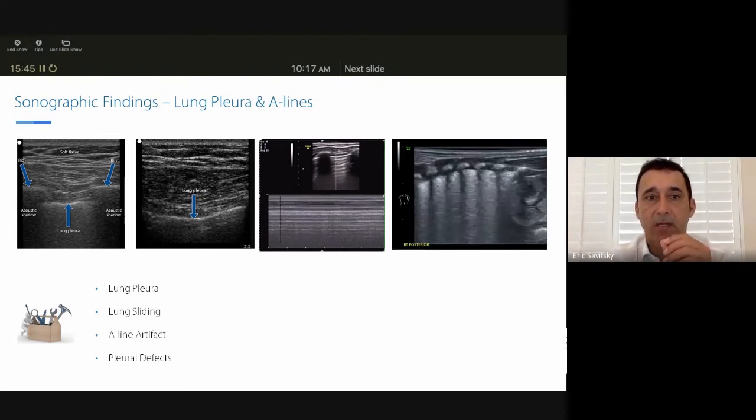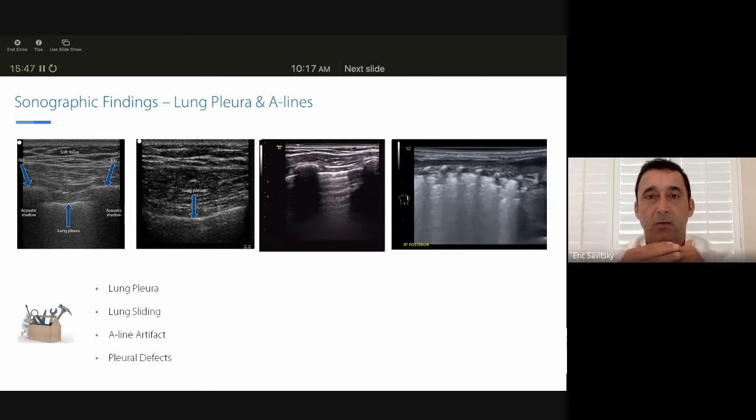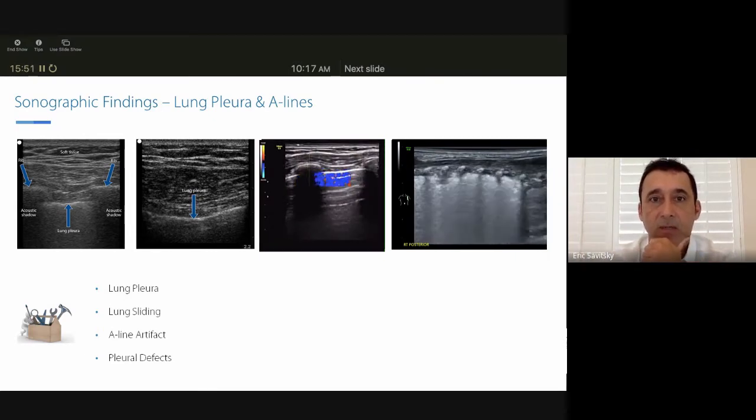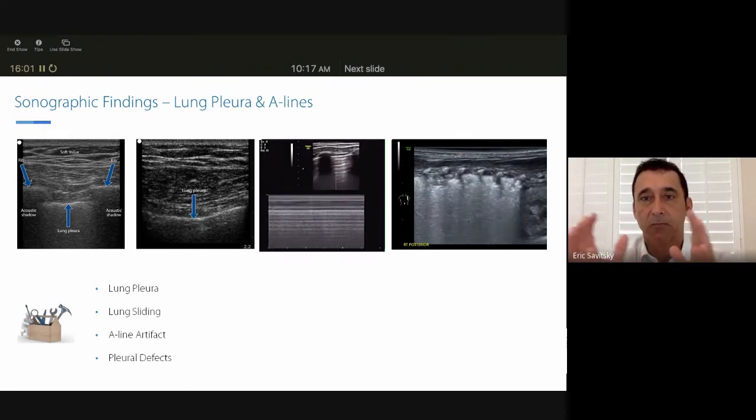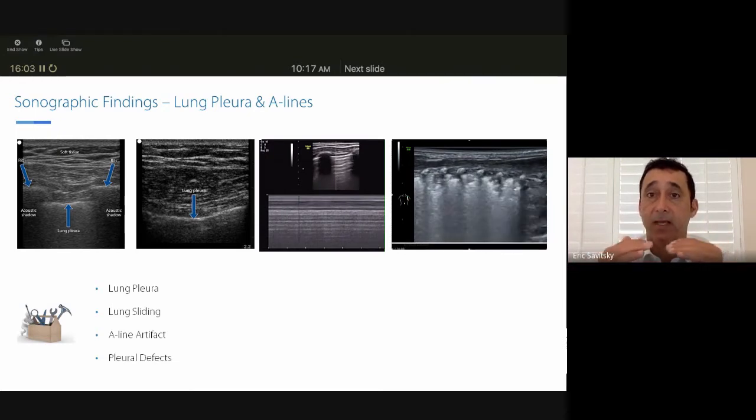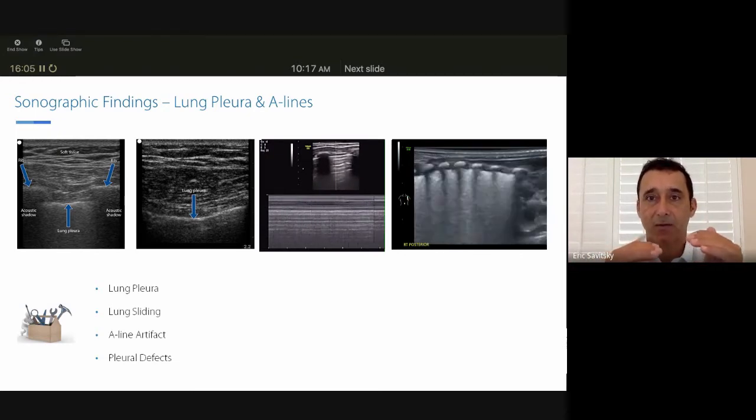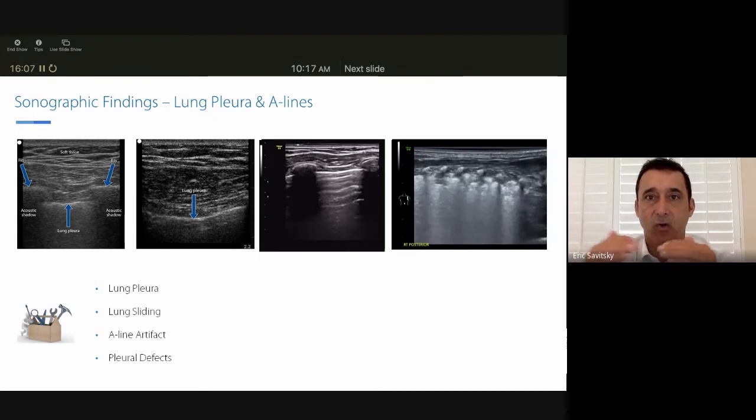And then what the pleura does is it should slide. You have visceral and parietal pleura layer. You really can't differentiate between the two. And if you actually look with grayscale or you apply color flow Doppler, you'll see some movement. And typically that movement, you're going to see ribs moving as you take an inspiratory and expiratory effort. And the pleura in some ways are going to move, but they're not going to necessarily track.